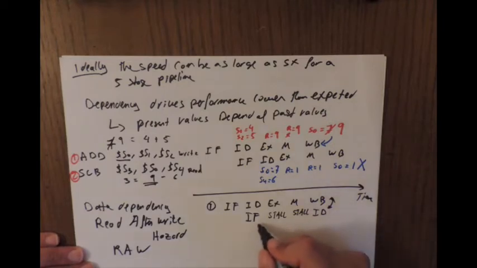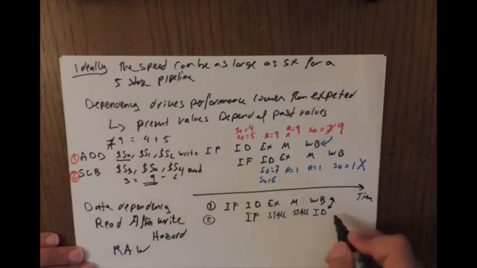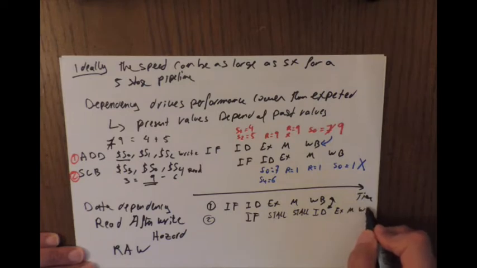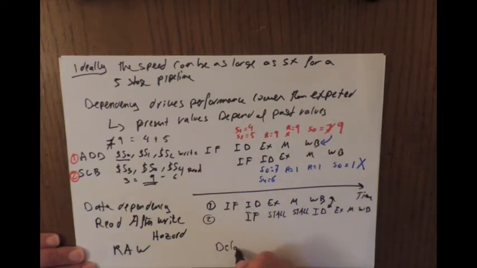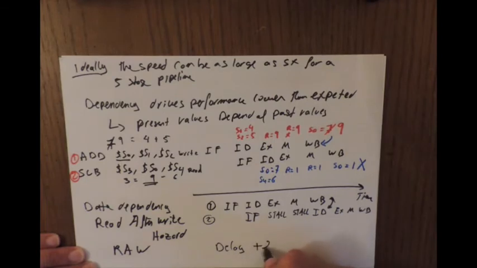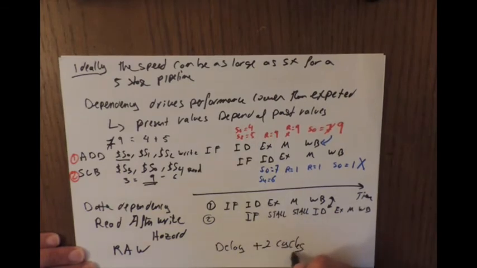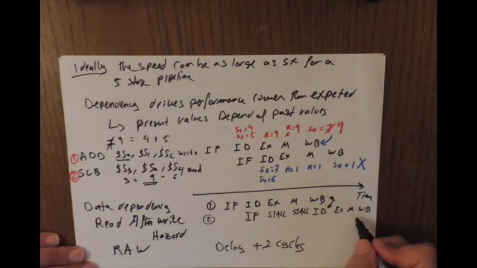So I fetch the first, I fetch the second instruction, stall, ID, EX, memory and write back. Here my delay was plus 2 cycles. So my performance was decreased by only 2 cycles.